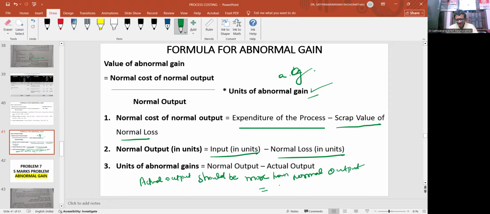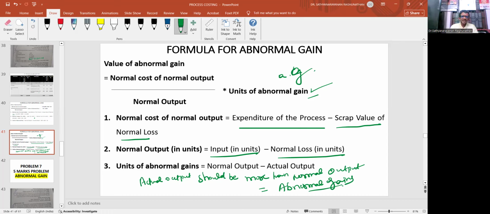In such a case, it is called abnormal gain. Abnormal gain means actual output is more than the normal output. Abnormal loss means actual output is less than the normal output. So this is the difference between abnormal loss and abnormal gain.